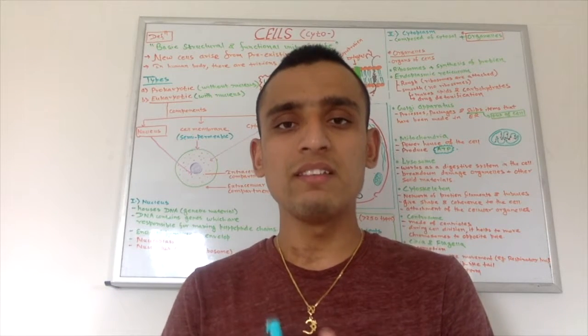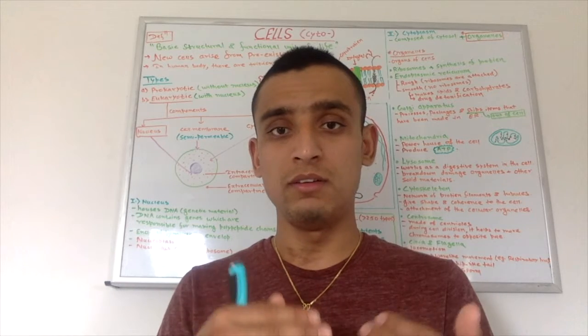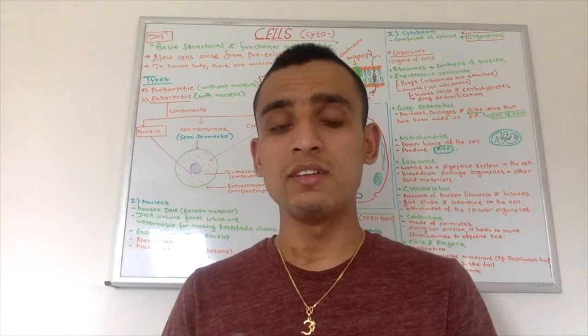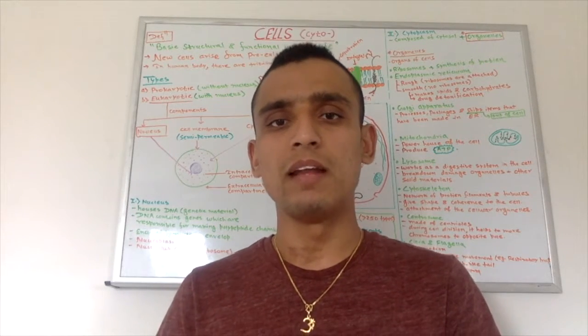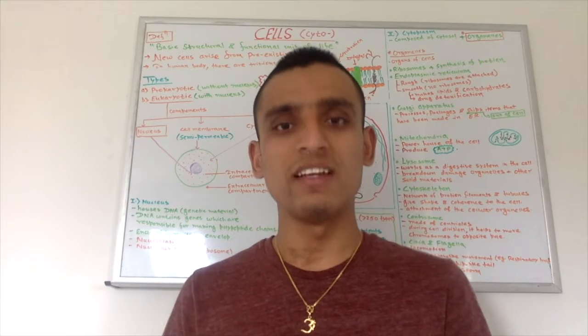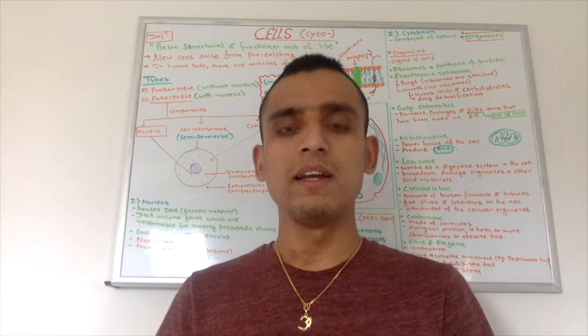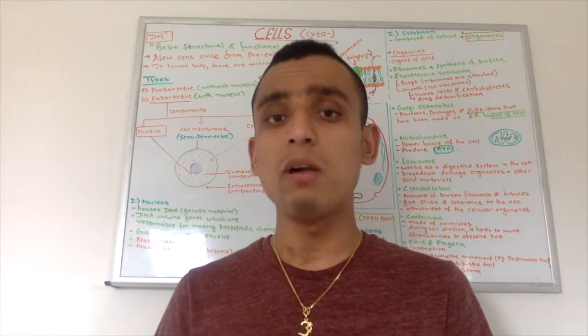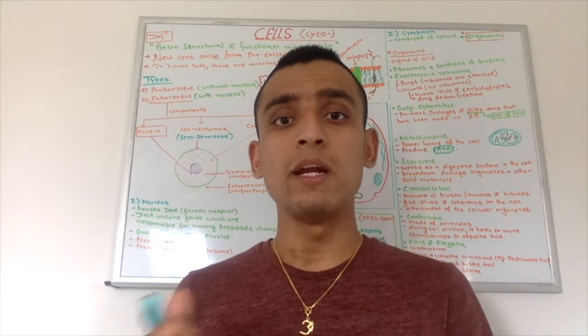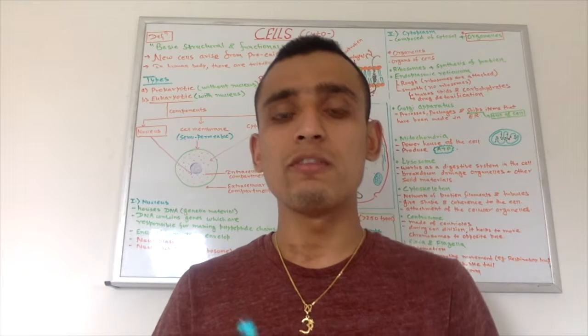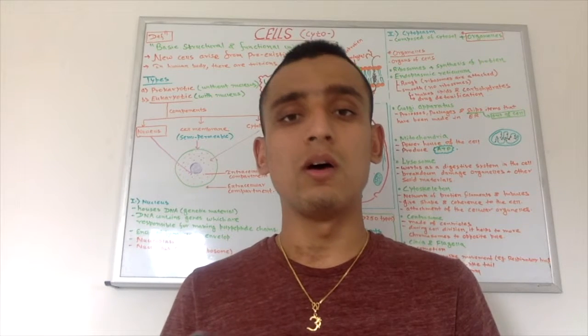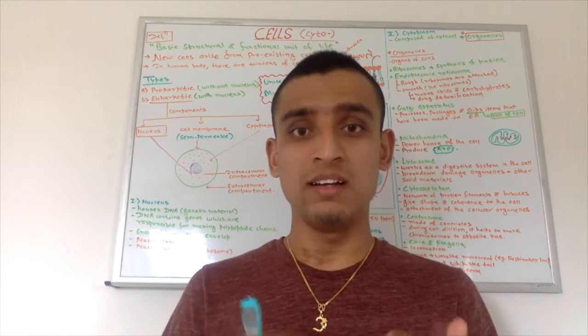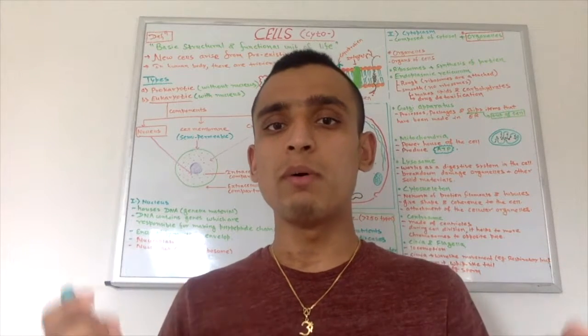For example, if we're talking about cell diversity, let's take some examples: macrophages, which fight against diseases, and nerve cells, which are responsible for conduction of impulses. Red blood cells or erythrocytes are responsible for oxygen carrying; they carry oxygen to the different body parts.